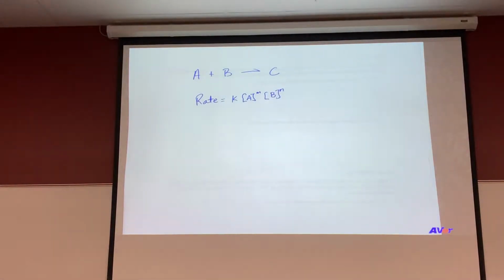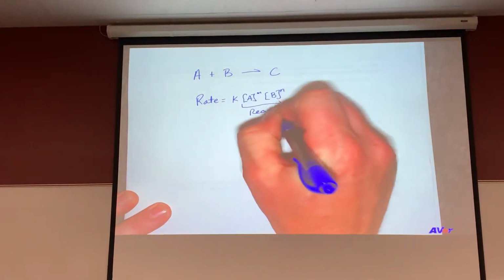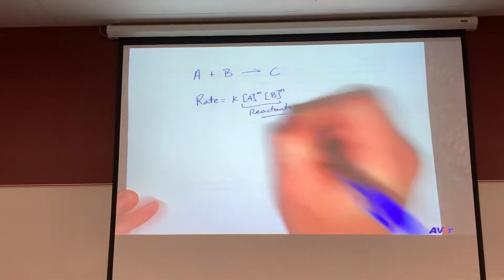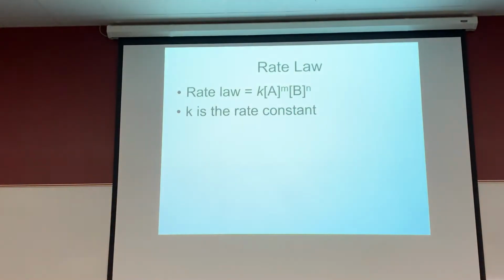Okay. That's what the rate law is going to look like for any given reaction, where you are looking at the reactants. The rate constant is the thing that lets you deal with the concentrations and the time.